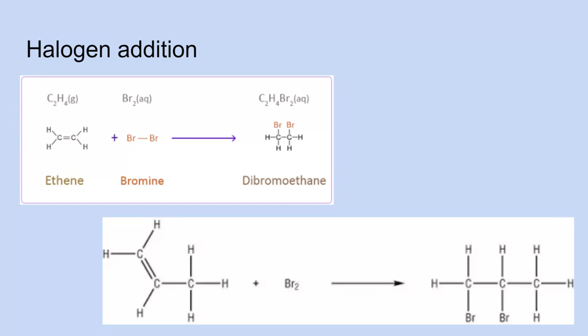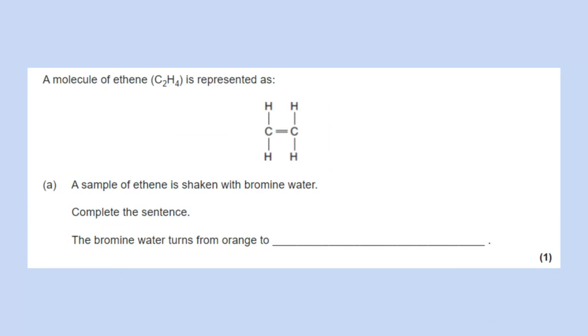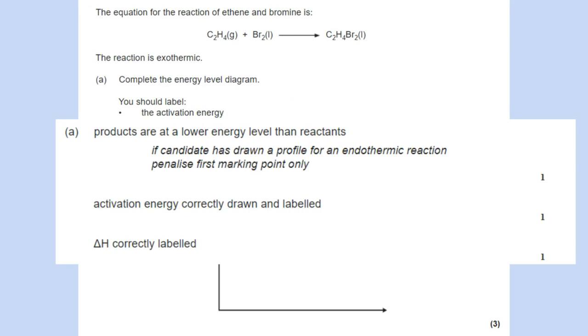Okay. The types of exam questions you may see, just like we saw earlier, what colour does bromine water turn when you react it with an alkene? We know it's got to be colourless. And another example is some cross-unit links with the energy level topic or energy changes topic about exo and endothermic reactions.